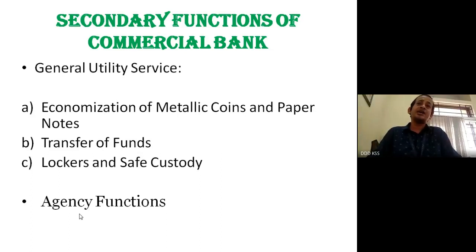Then lockers and safety custody. Lockers and safety custody is a prime service which almost every commercial bank provides. Under this, by maintaining lockers the bank acts as a custodian of customers' ornaments, jewelry, and other valuable documents such as pro notes, sale deeds, etc.